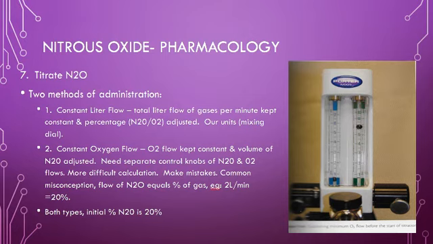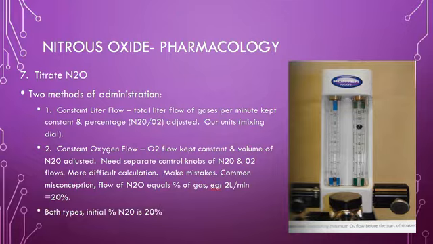Now, you have the patient properly seated. You've adjusted the patient's mask so that it fits comfortably. You've adjusted the flow of gases so that the patient is able to breathe. Now it's time to titrate the nitrous oxide. And there's really two methods of administration. One, constant liter flow.